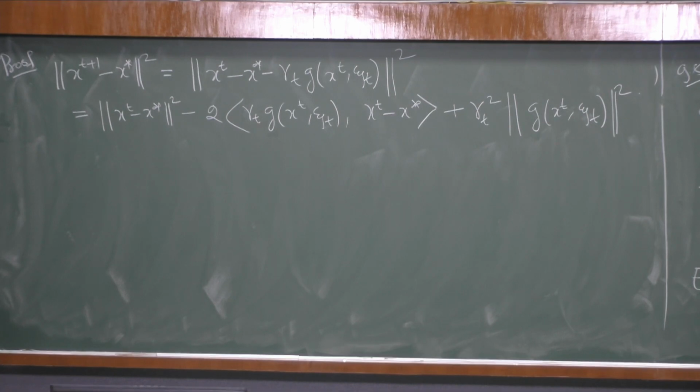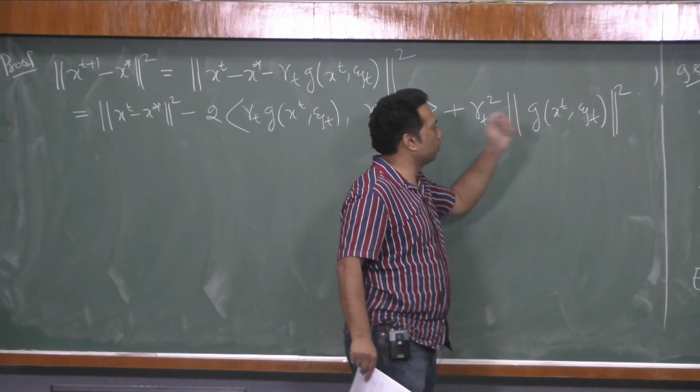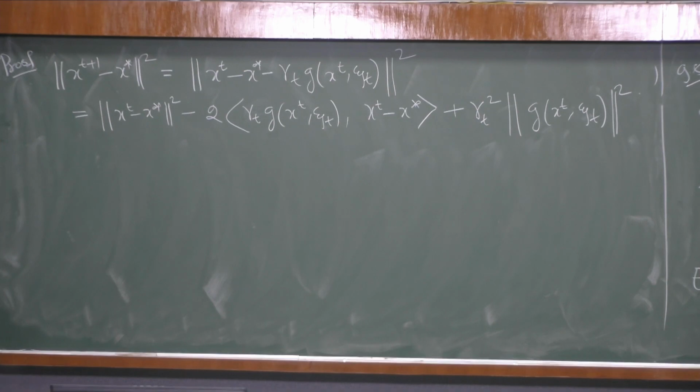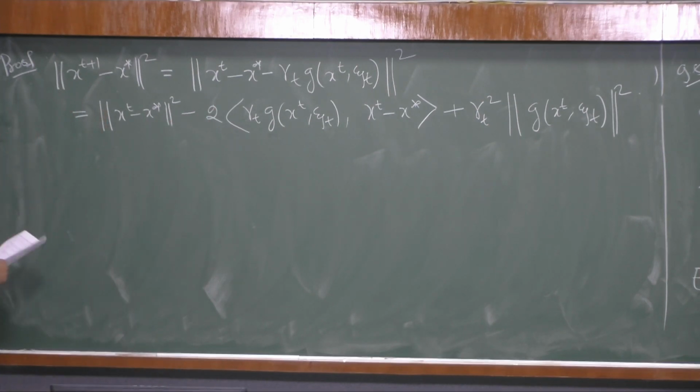So basically the next steps are applying expectation both sides, and then using the fact that the expectation of gradient will be bounded because of the bounded assumptions, and for this we will use stochastic convexity. So these are the next steps.